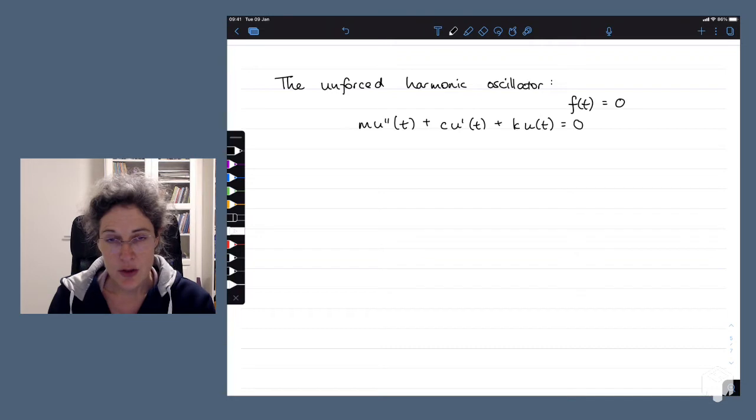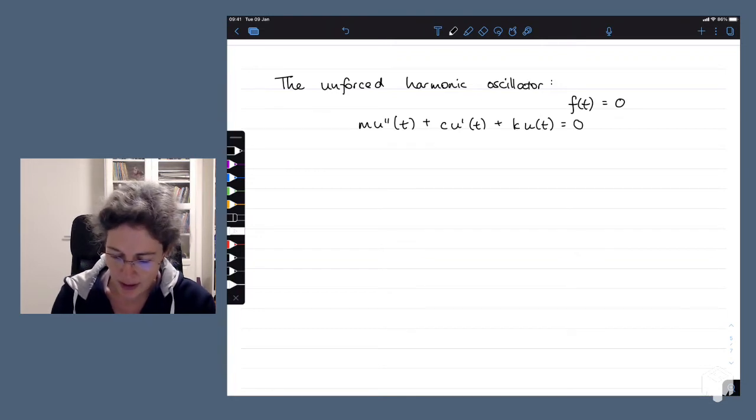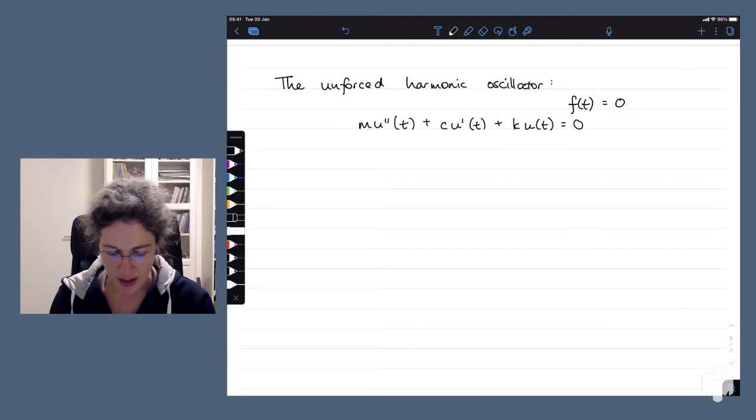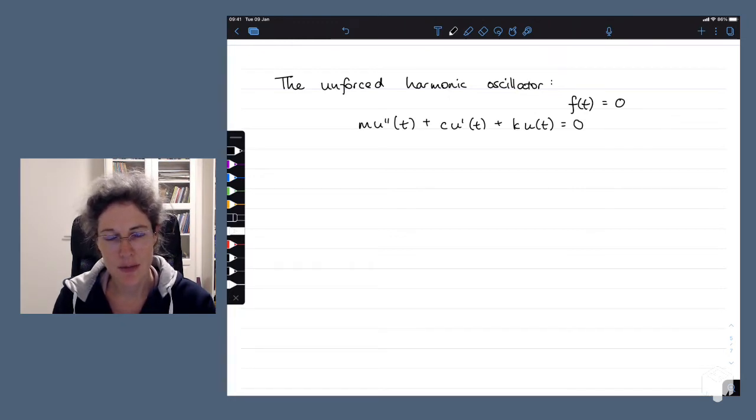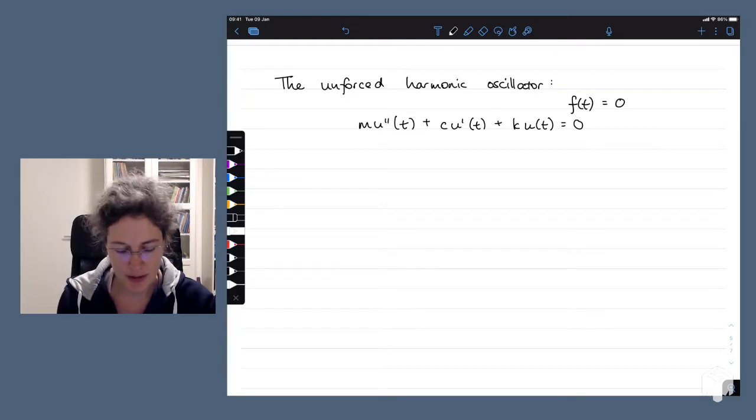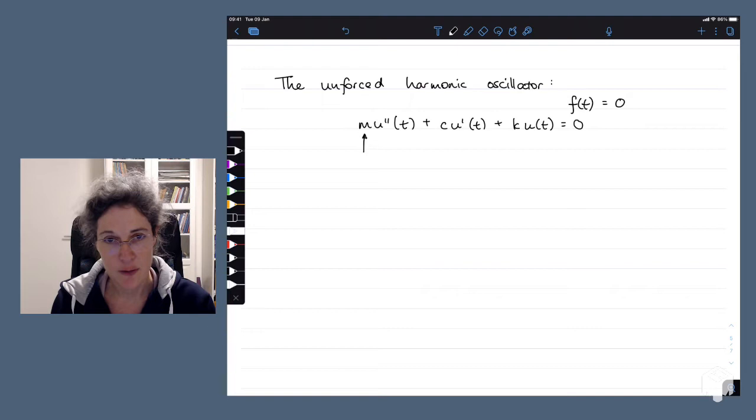So we will look at a general way of solving these, but I think the first thing to do is have a quick discussion about what each of the constants is about, and then we're going to look at a specific example. So when talking about the unforced harmonic oscillator, even if it's in a system that doesn't necessarily have a clear mass, like our roof had a clear mass, we usually think of this m as a kind of mass term.